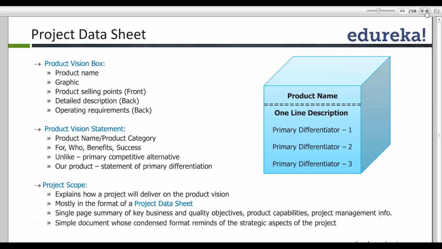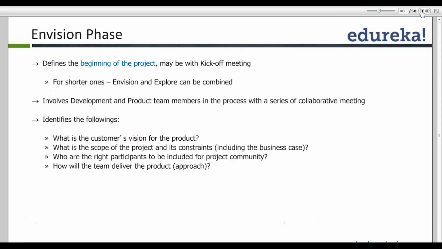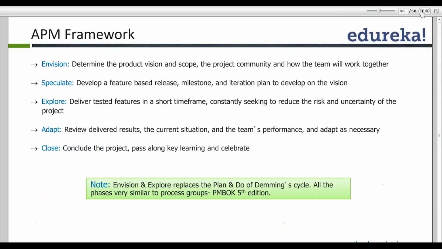Again, from an exam perspective, they won't go into much detail. The only thing they will ask you is this model with the envision phase, speculate phase, explore phase, adapt phase, and close phase, and what happens in each of these phases.